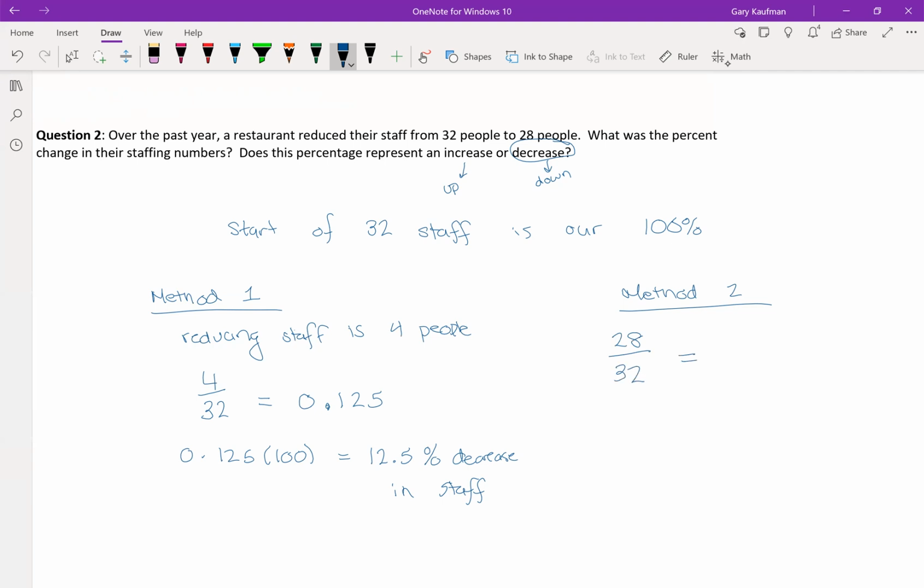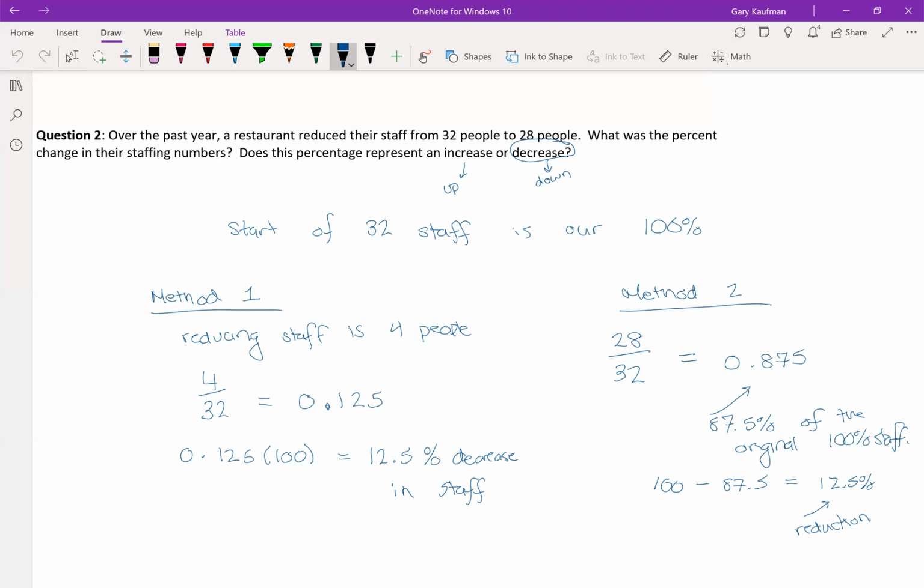And when I do this, I end up getting the value 0.875, which is 87.5% of the original 100% staff. 87.5% compared to 100%, well, I would say, okay, 100 minus the 87.5% is 12.5%. So again, it is still a reduction of 12.5%. So that's the answer to question two.